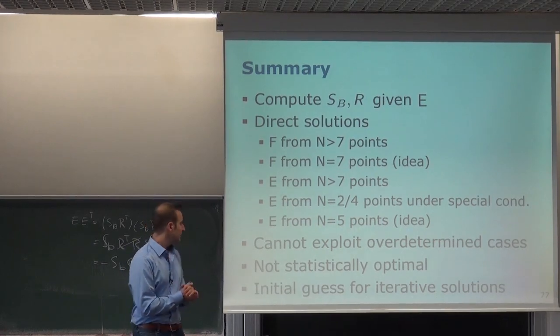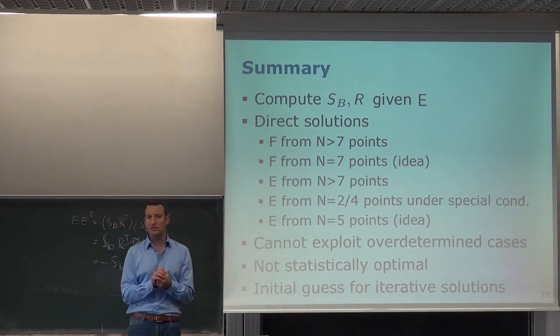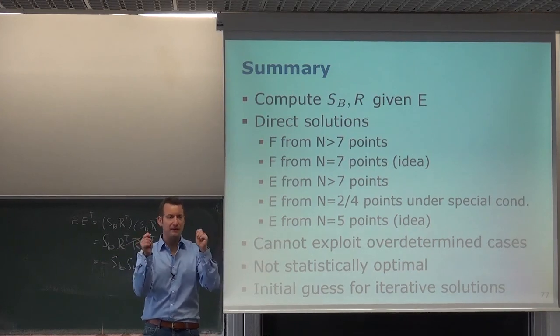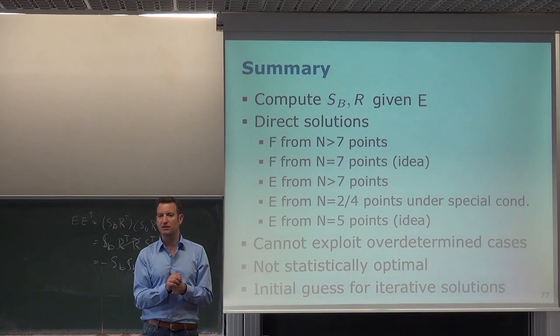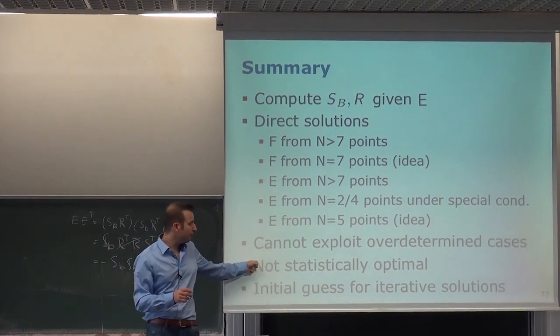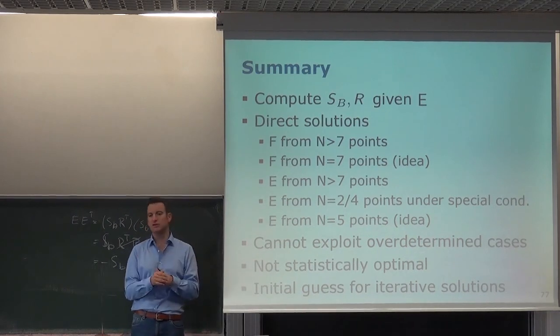But what those algorithms don't take into account is the uncertainty, for example, of those corresponding points. If I have some corresponding points which I can determine very accurately and some which I cannot determine very accurately, this is not taken into account. So from the statistical point of view, this is not an optimal solution, but it's already a pretty good initial guess.